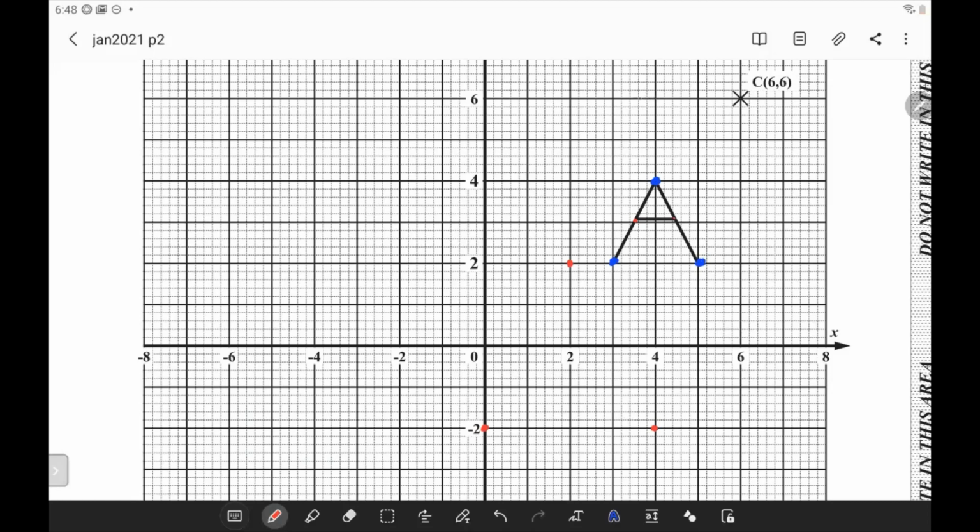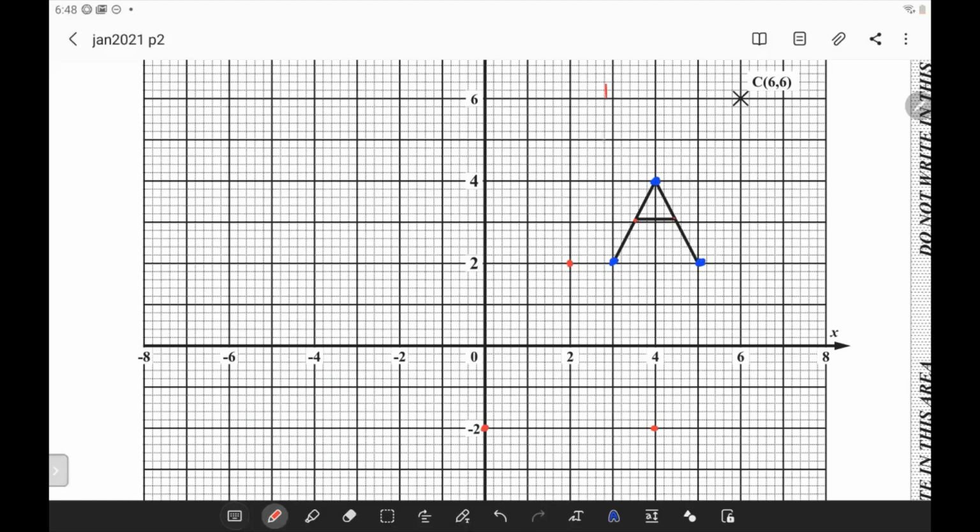So 6 across is right here. That's along this line. And then, since it was 1, 2, and 4.5, it will be 2 and 4.5, that is 2.45. So 2.45 multiplied by 2 is 4.9 down.